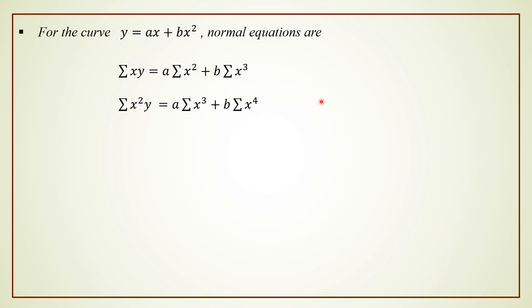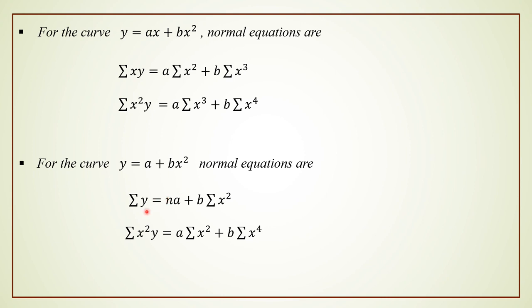Okay. The next case, say suppose you have the equation of the form y is equal to a plus bx square. Observe here you have a into 1 plus b into x square. Therefore, you have to multiply 1 throughout and then take the summation. So, you have summation y is equal to, whenever you are taking summation on a constant, it becomes n into a plus b into summation x square.